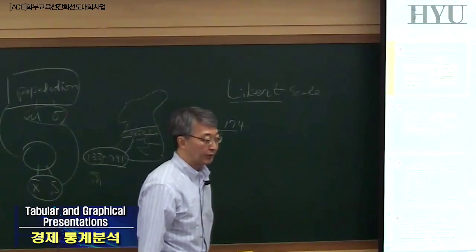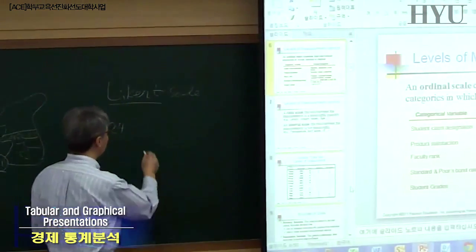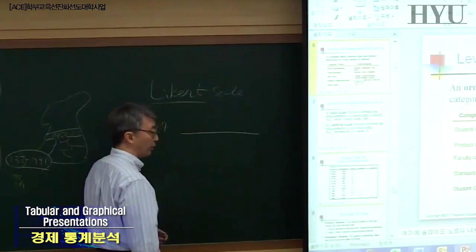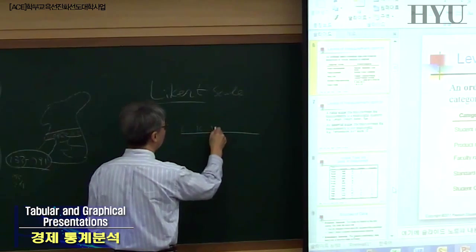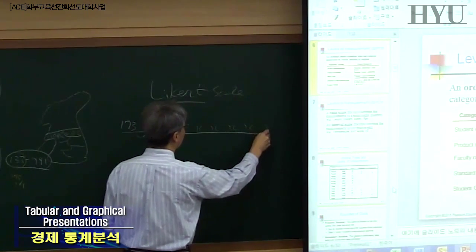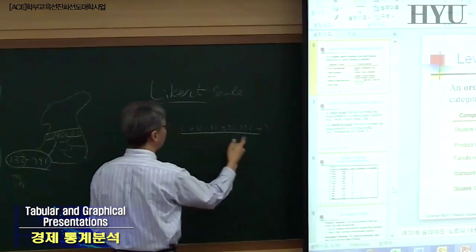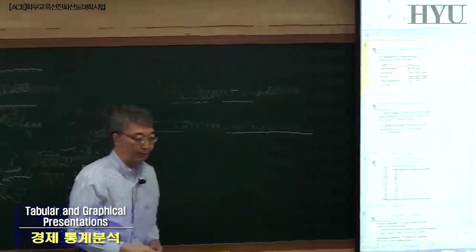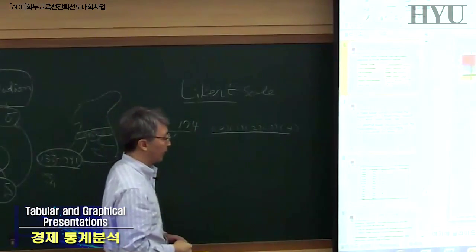I'm sure you have seen this type of survey many times. Typically, you are asked to indicate your preference or satisfaction in about 5 different levels. 0, 1, 2, 3, 4, or 1 through 5. That kind of survey is called the Likert scale survey.